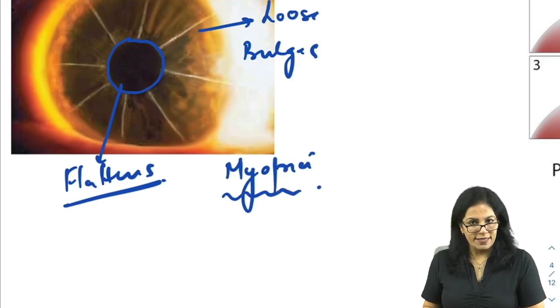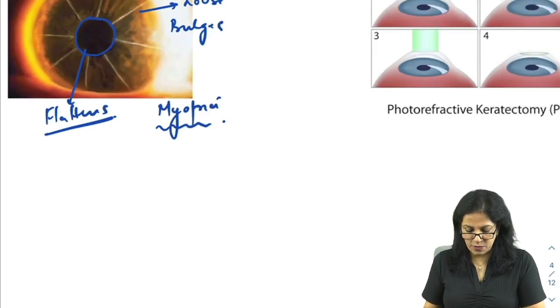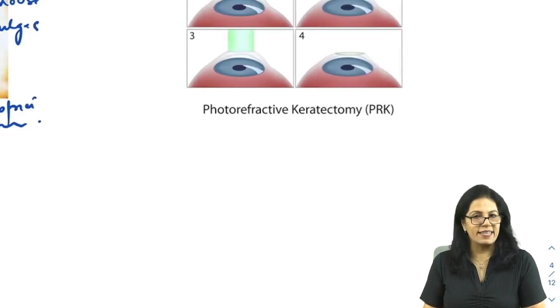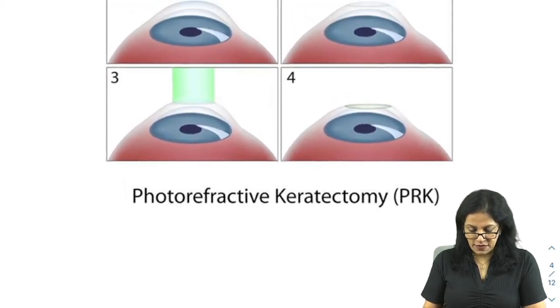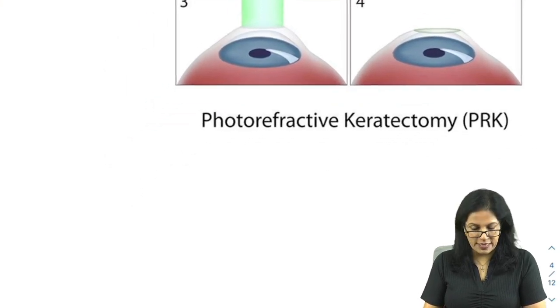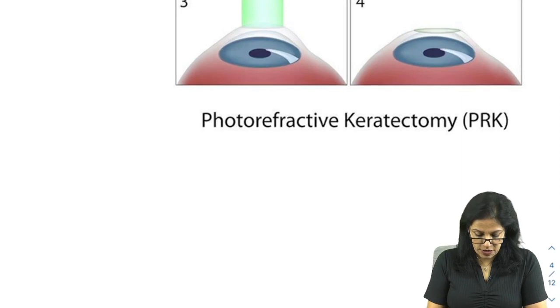Okay, that is one. Second is PRK. What is PRK? Photorefractive keratectomy. Here, after giving the anesthetic eye drops, we are removing or debriding the epithelium. After debriding the epithelium, you put laser. Which laser are we talking about here? Excimer laser, argon fluoride. You should know this.